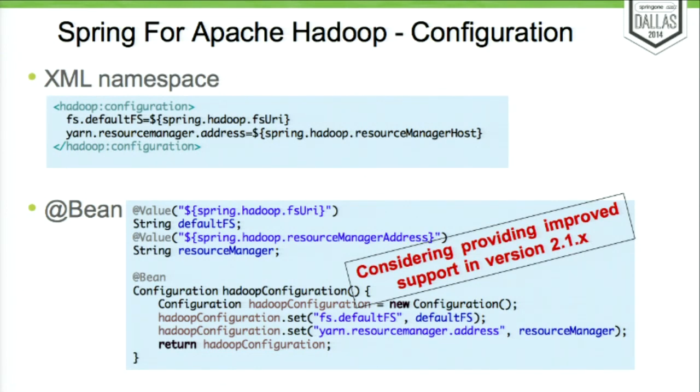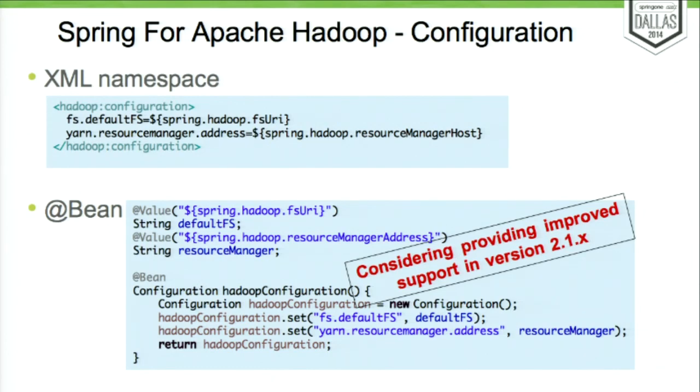And I can do this in a bean style, although we don't have any explicit support for that other than for YARN. So Janne will be showing you the YARN things later on, but for regular Hadoop configuration, we don't have any extra support for Java configuration. Now we're thinking about doing that for the next milestone or the milestone after that in the 2.1 series.